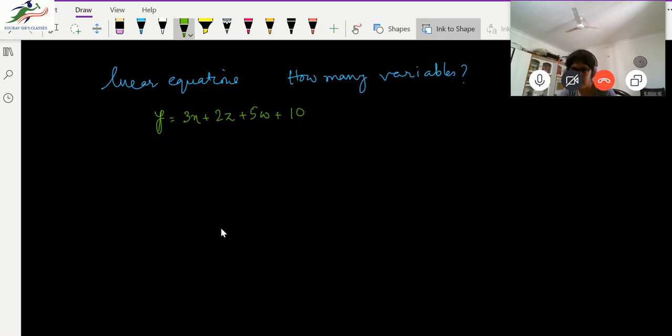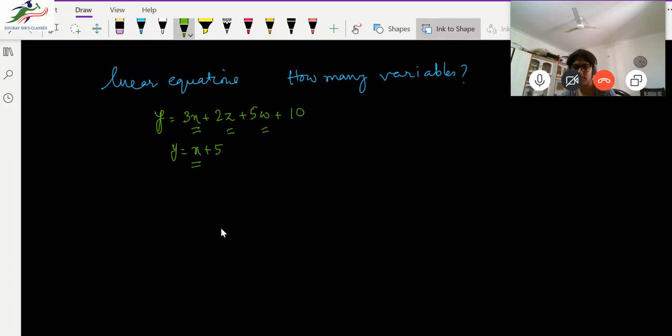Correct. So the difference between the first equation that I wrote and this equation is that in the first equation, the value of y depends only on one variable, which is x. But here, the value of y depends on three variables, which are x, z, and w.